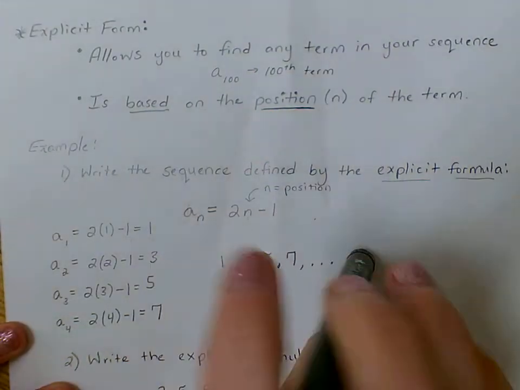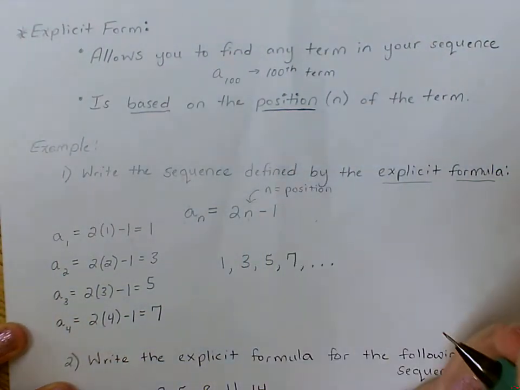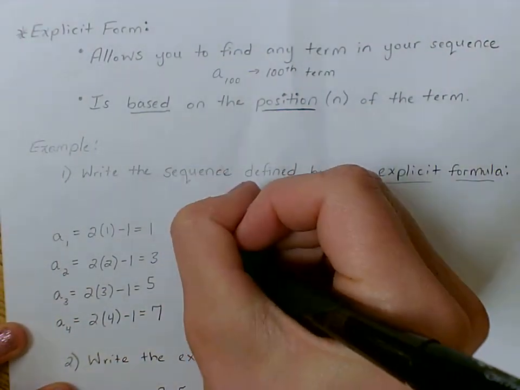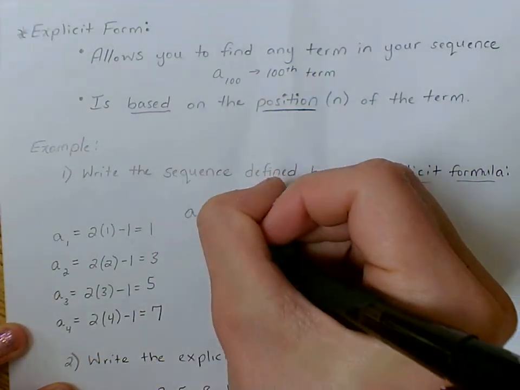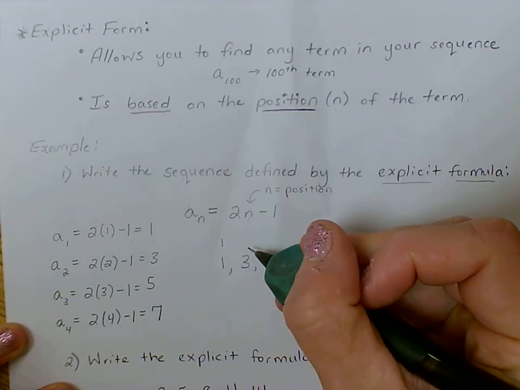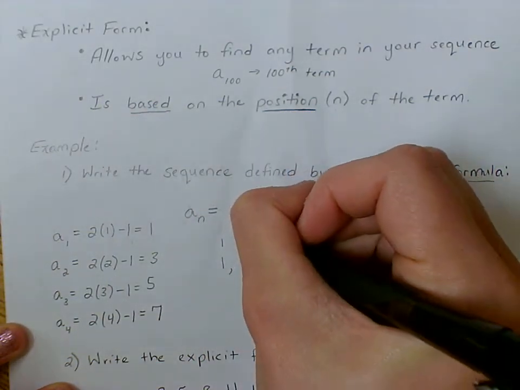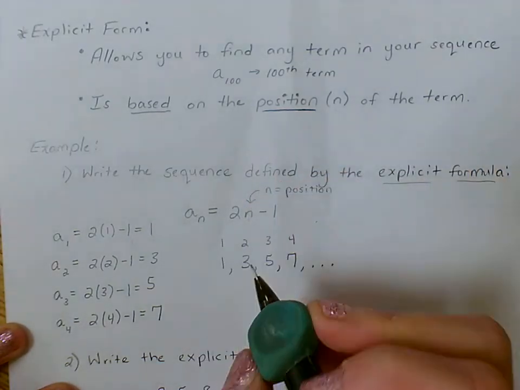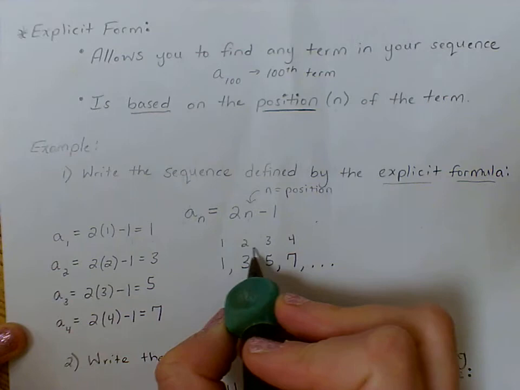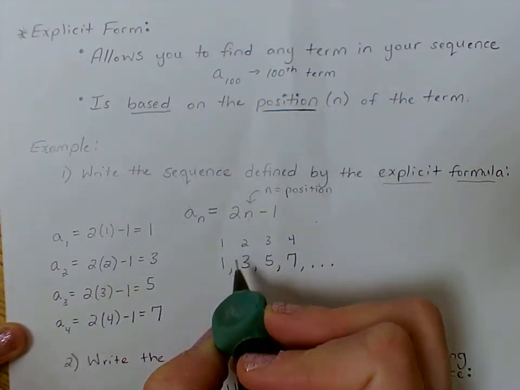So now let's look at what's going on. Remember, I told you that the explicit formula is based on the position. So like this term right here would be my first term. This term right here, the 3, would be my second term. That term is my third term, and then that last one right there is my fourth term. So explicit formula is essentially what are you doing to these numbers that give you those, okay?